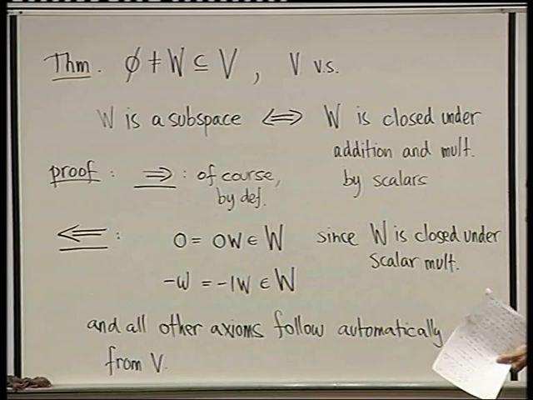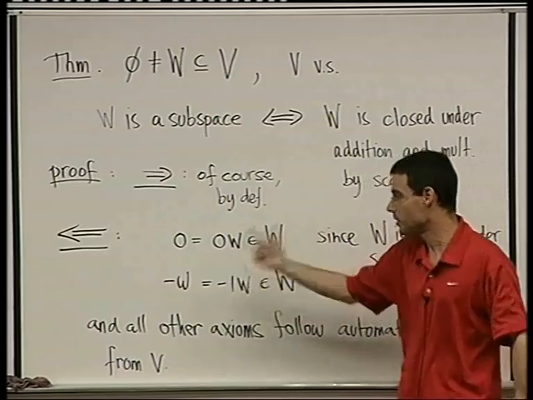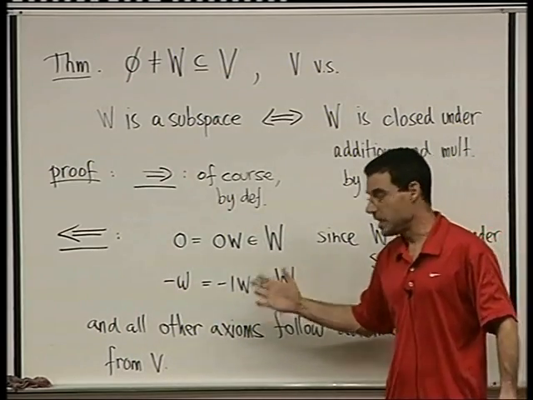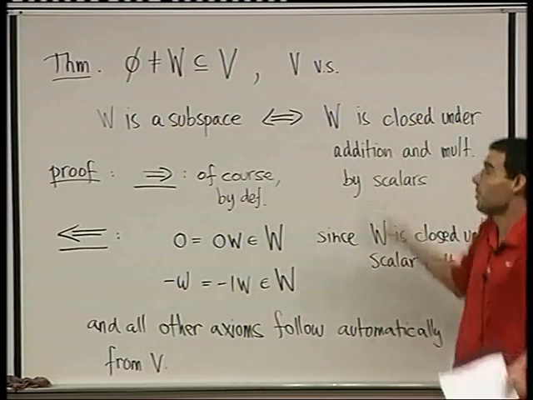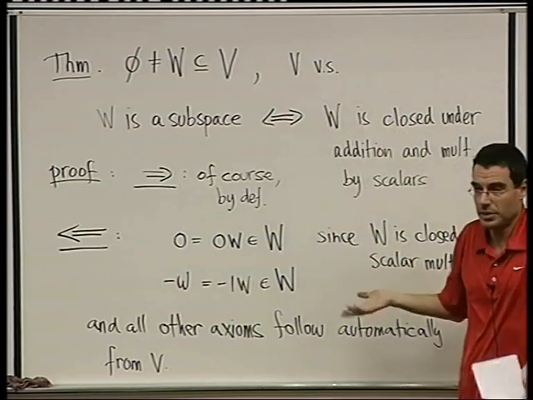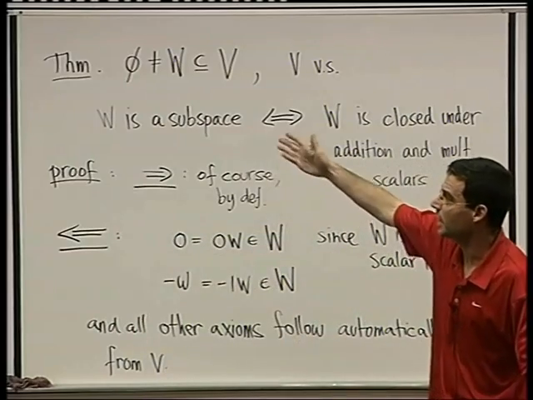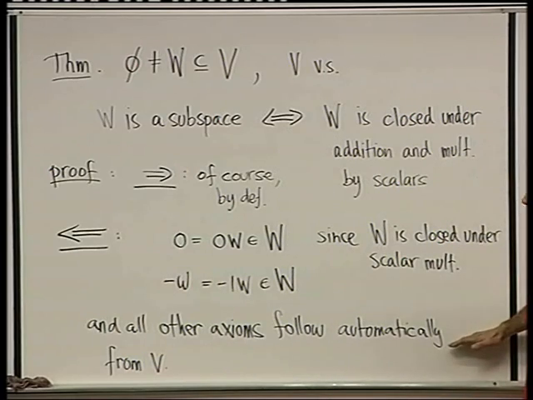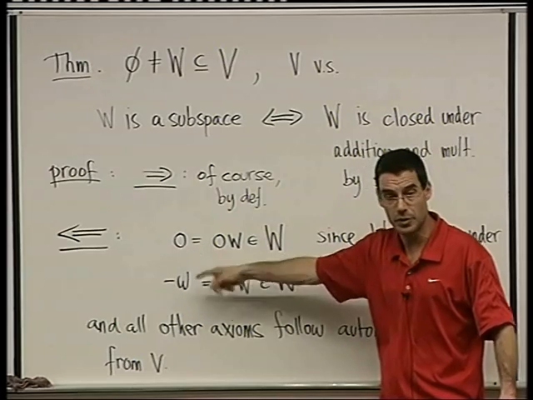The reason is what we kept saying: if you add two guys, you have to check that w1 plus w2 equals w2 plus w1. But you know that because they live in V and it's satisfied in V, so it's still going to be true. And you have to check all these distributivity properties and the associativity of addition, and all of those follow for free from V. So the only things that really need verifying are 0 and the inverses, and they follow from this.